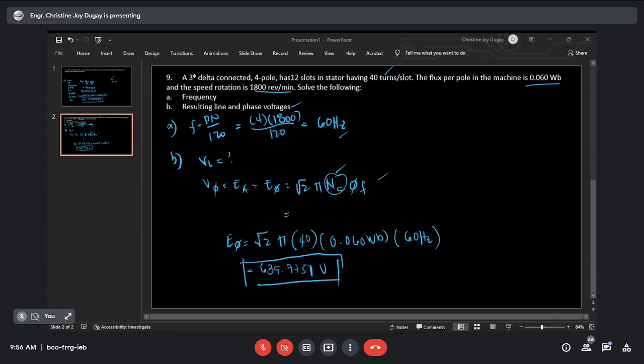Mr. Miguel is right, because if you are going to solve for Q, that is slot per pole per phase. If you divide 12 by 4, then divide by the 3 phases, it means one slot is already the per phase. Got it?